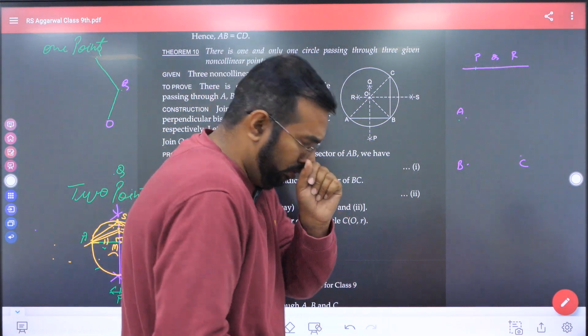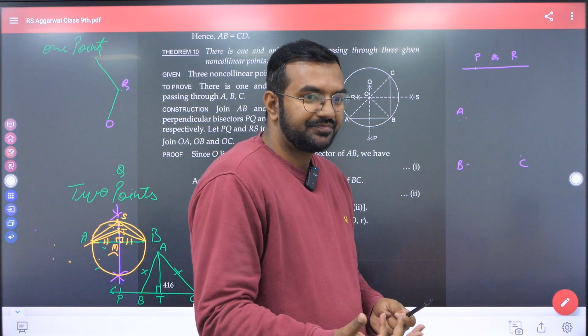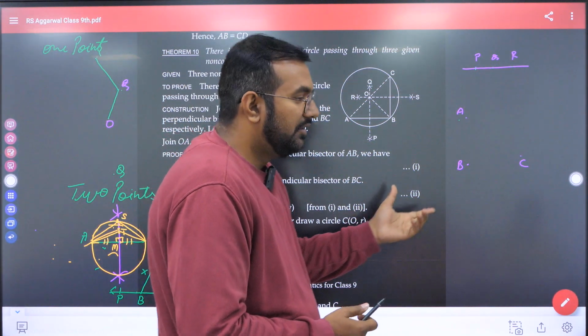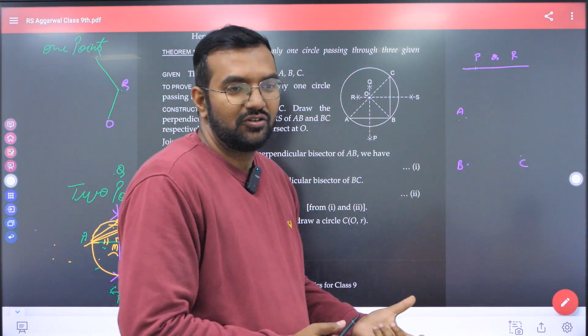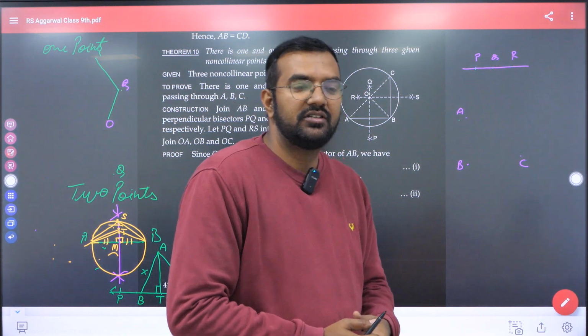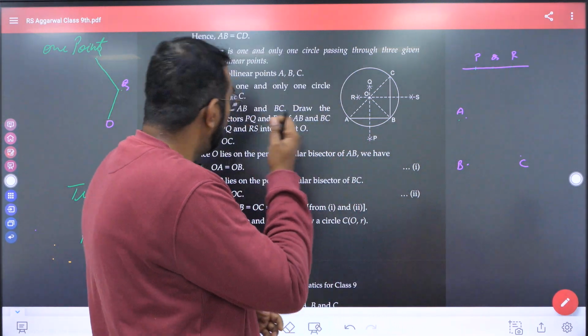Okay, so let's see how we will prove it. We will prove that only 1 point is equidistant from these 3 non-collinear points, and so only 1 circle can pass through them. See in this figure, beta.